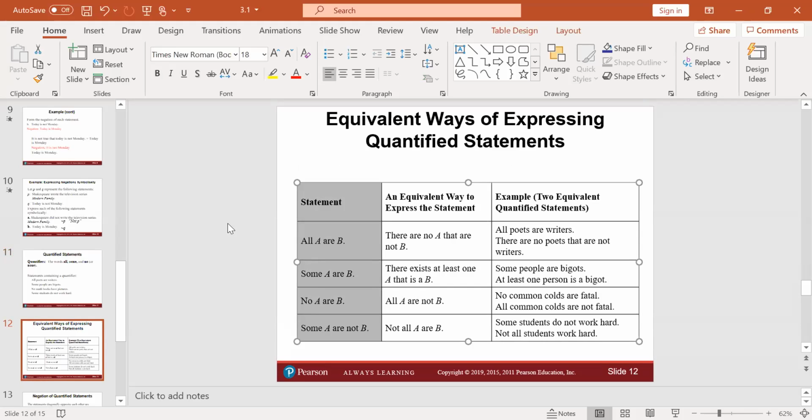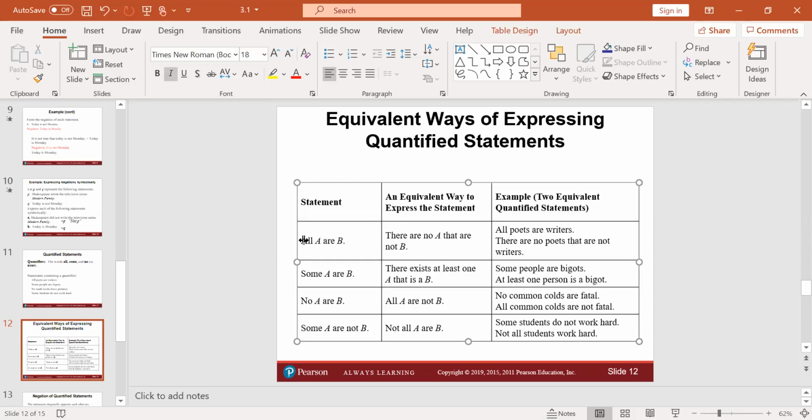You might read an article online, you might read a story online, and it'll make a claim, and it won't write it all A or B, but the claim will be basically that exact same thing, just with fancier words put to it. So all A are B, some A are B, no A are B, some A are not B. Those are the four basic types of quantified statements that we're going to make.